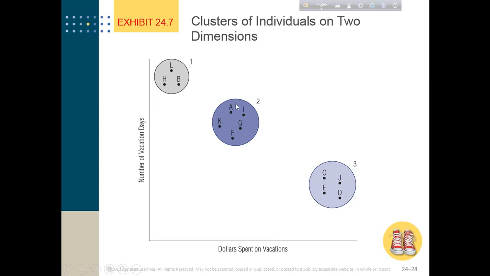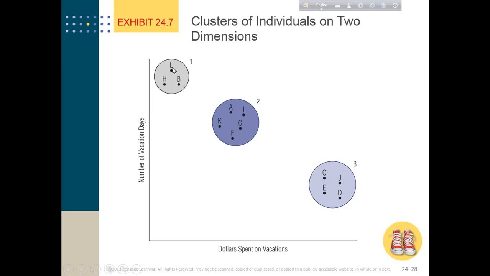We have created this diagram where each point indicates how much a particular respondent spent and how many days they spent on vacation. Now, if you carefully look, we have grouped all the observations into these three. So rather than having very scattered observations, we have grouped them into these three.